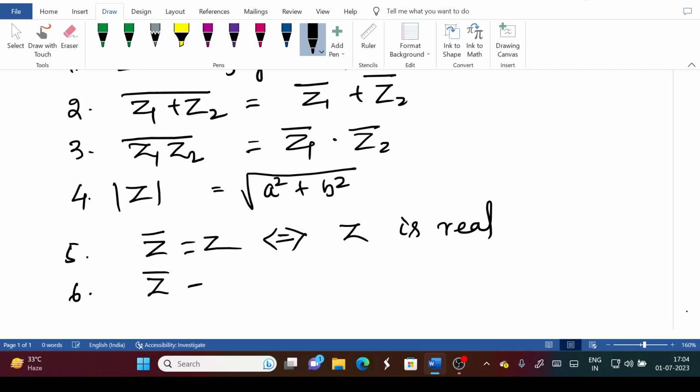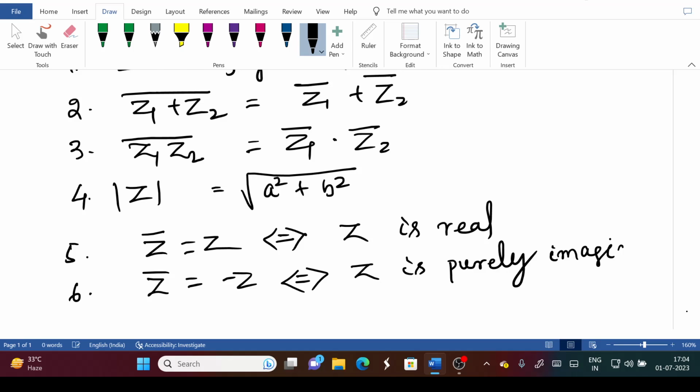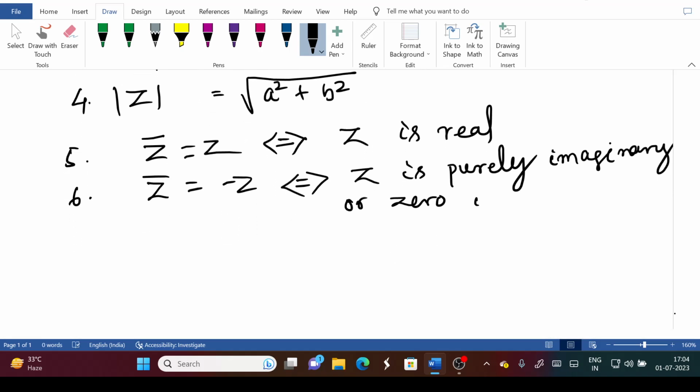Similarly, Z bar is equal to minus Z, implies and is implied by, Z is purely imaginary or 0, that is the real part of Z is 0. These are the meanings.